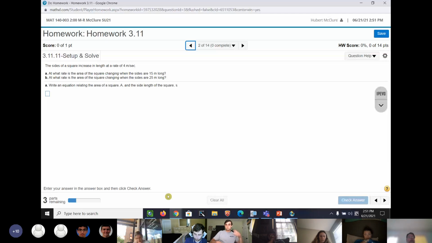A, at what rate is the area of the square changing when the sides are 15 meters long.